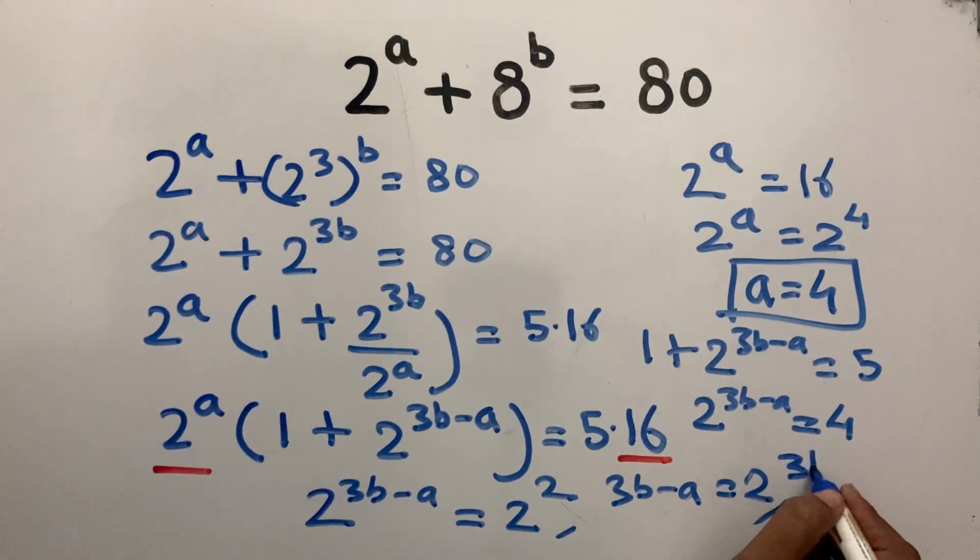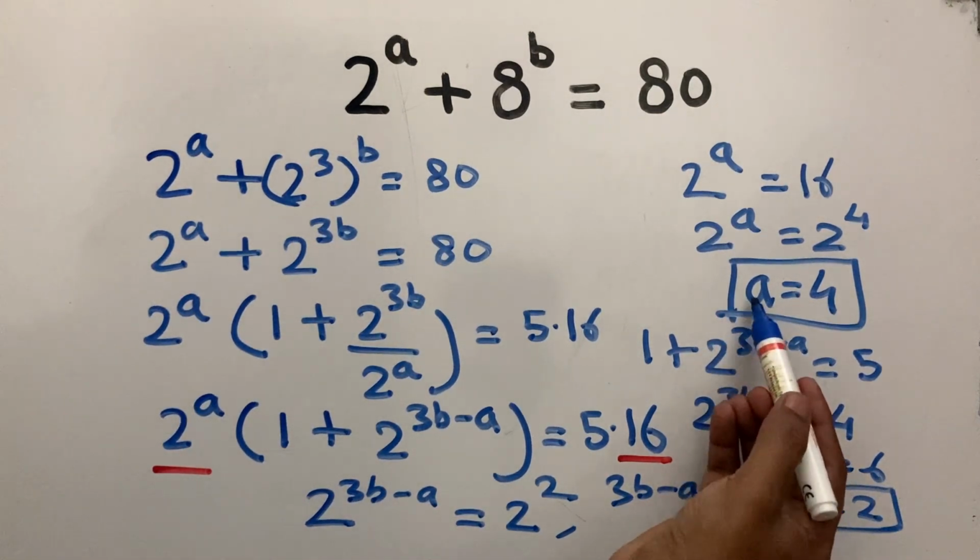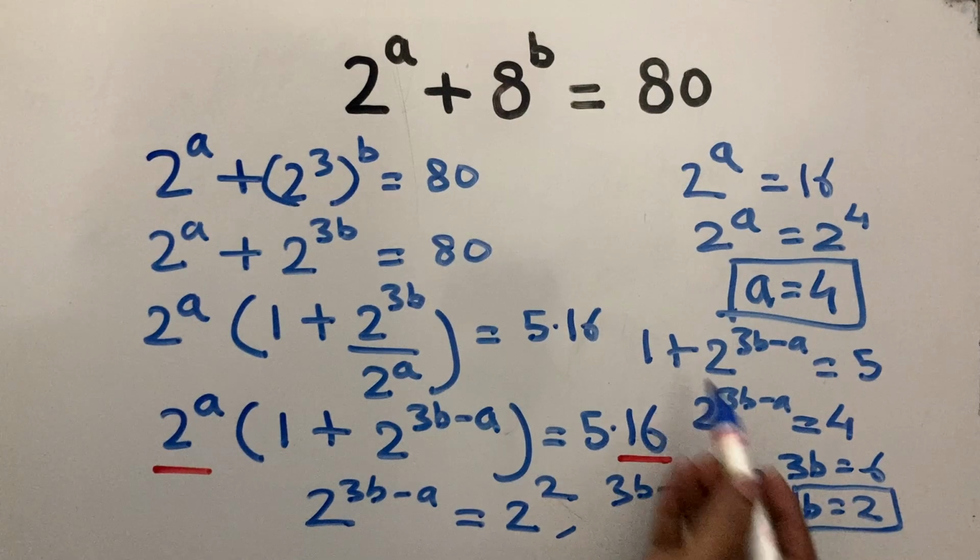So 3b = 6 and b = 2. So our answers are a = 4 and b = 2 for this equation.